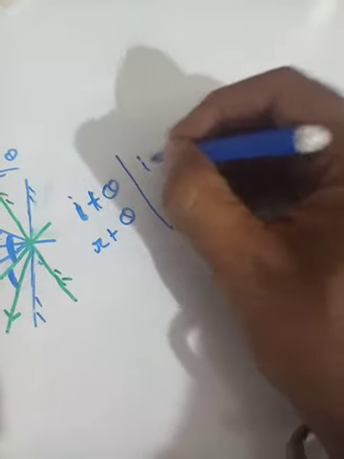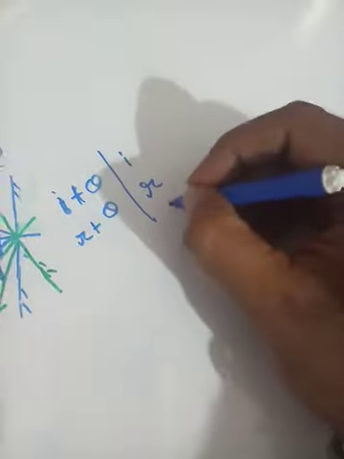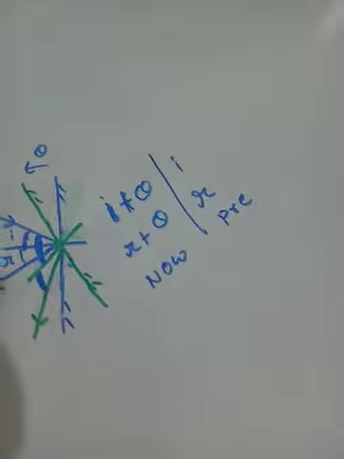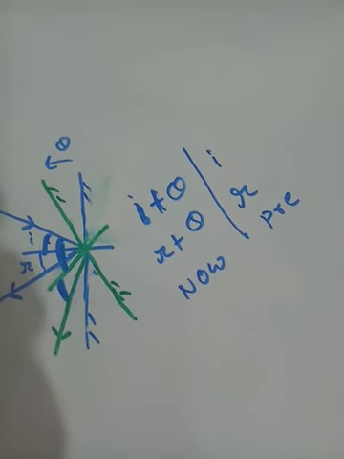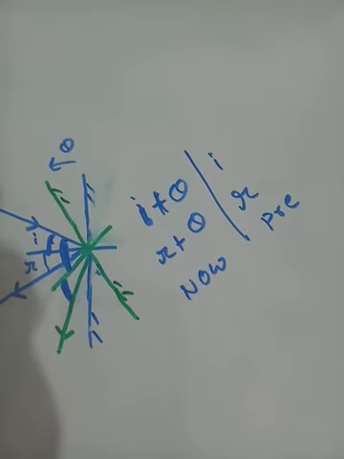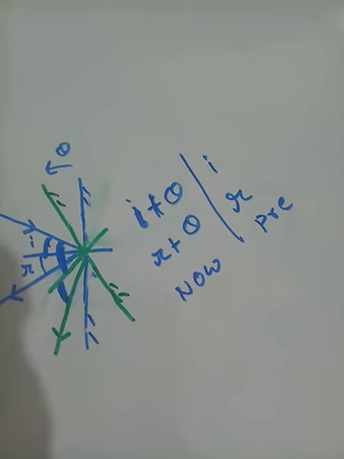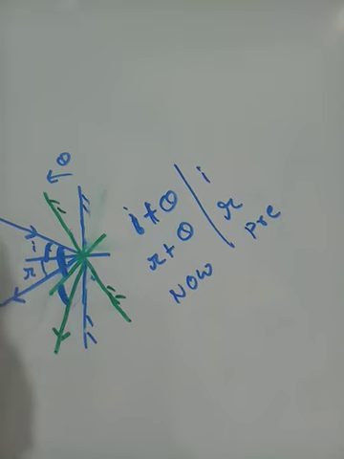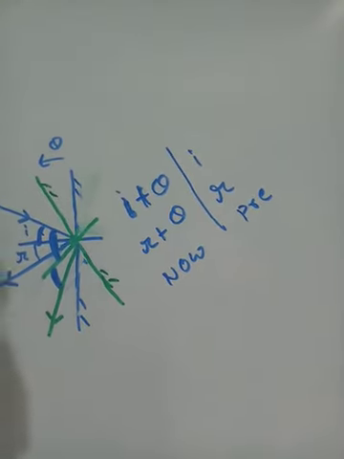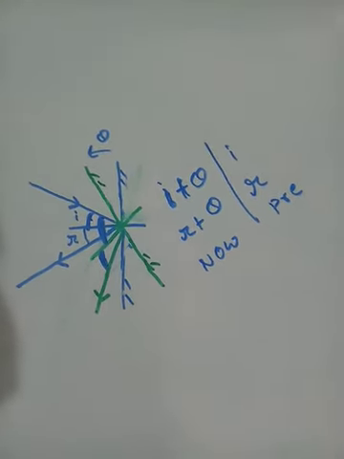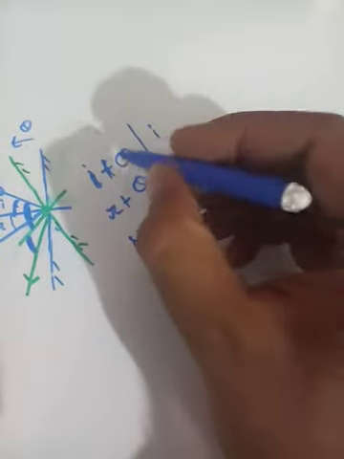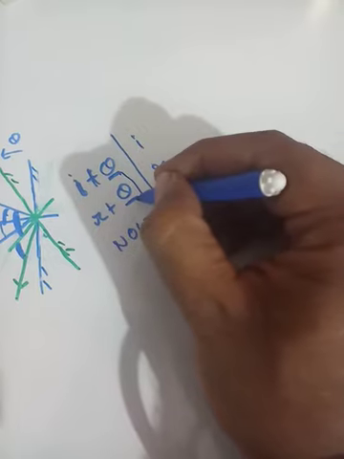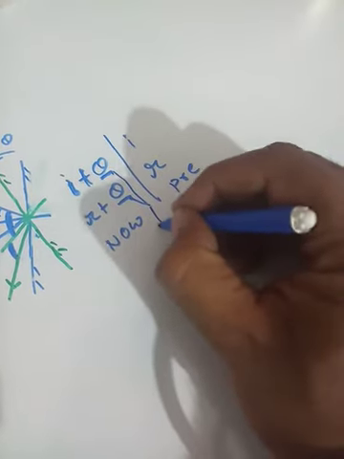Previously the angles were I and R. That is previous. And now what happens? The angle of incidence is I plus theta and R plus theta is the angle of reflection. So by how much angle the incident ray gets shifted? Incident ray by what angle gets shifted? This is the question.